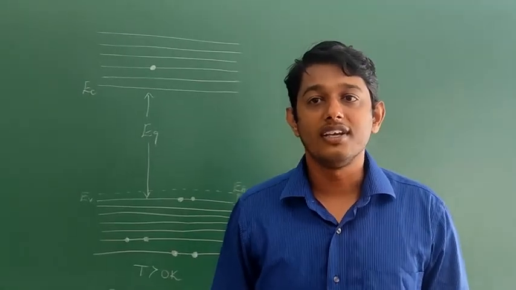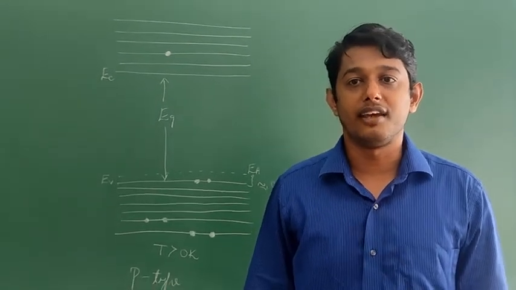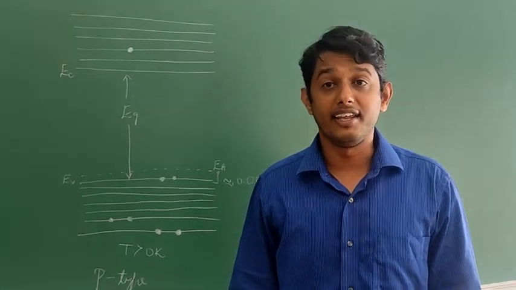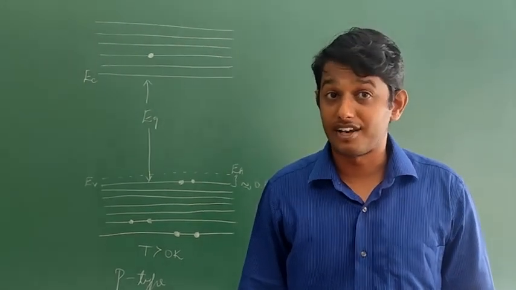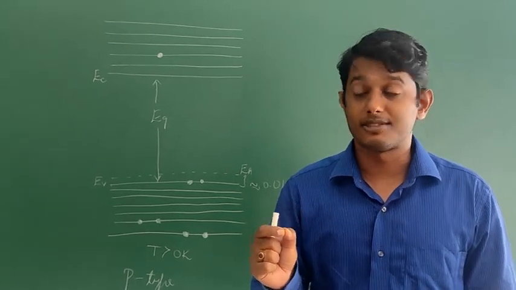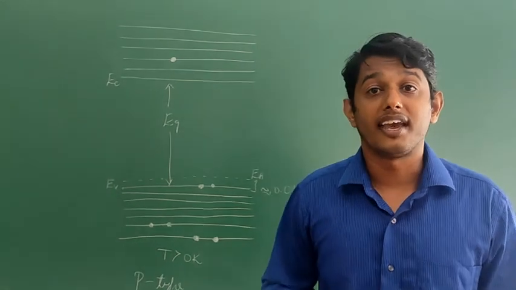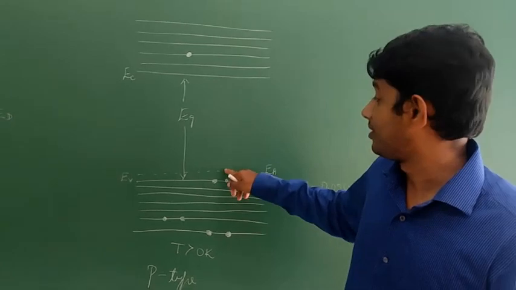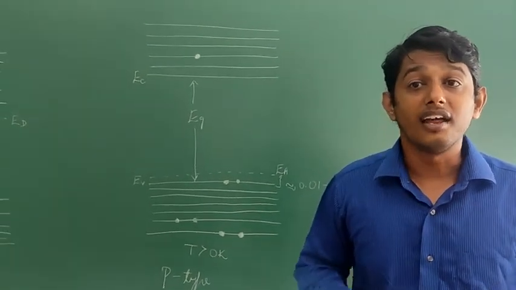With a very small supply of energy, an electron from the valence band can jump to the level EA and ionize the acceptor negatively.